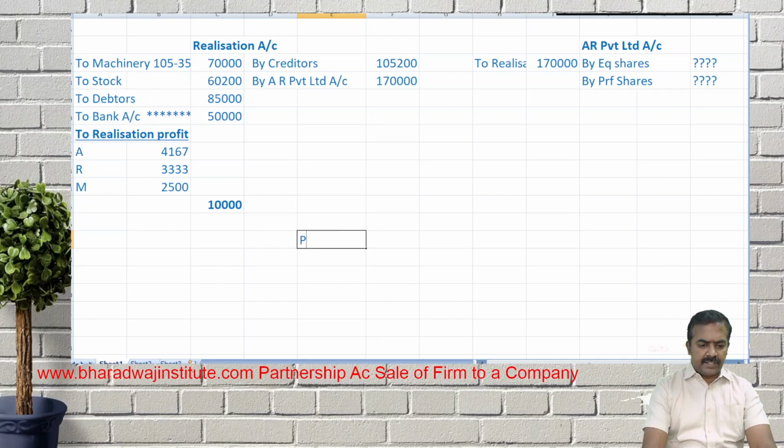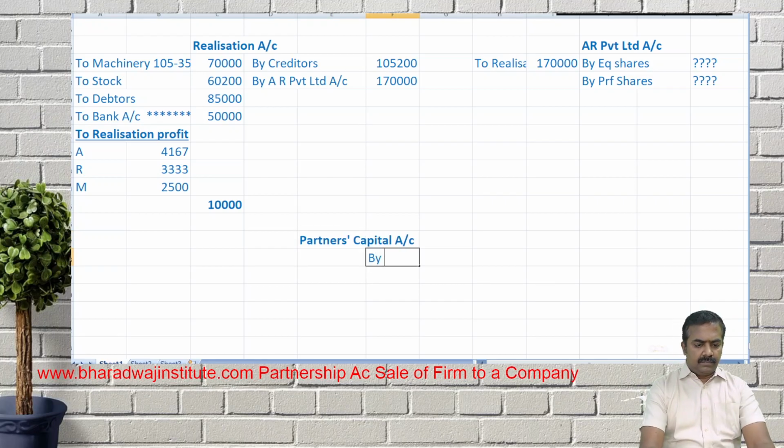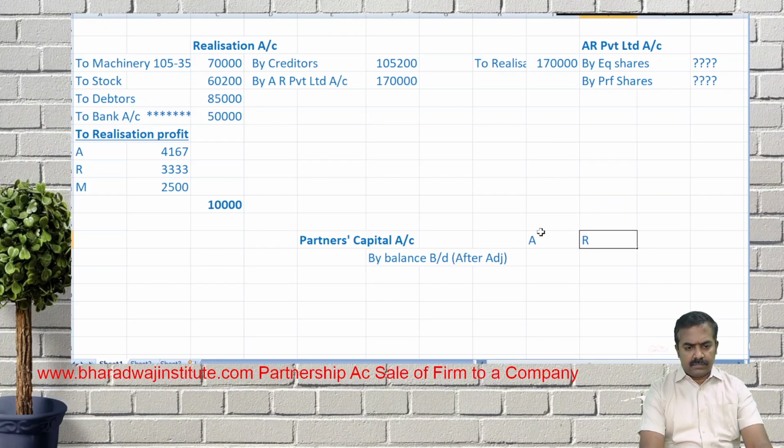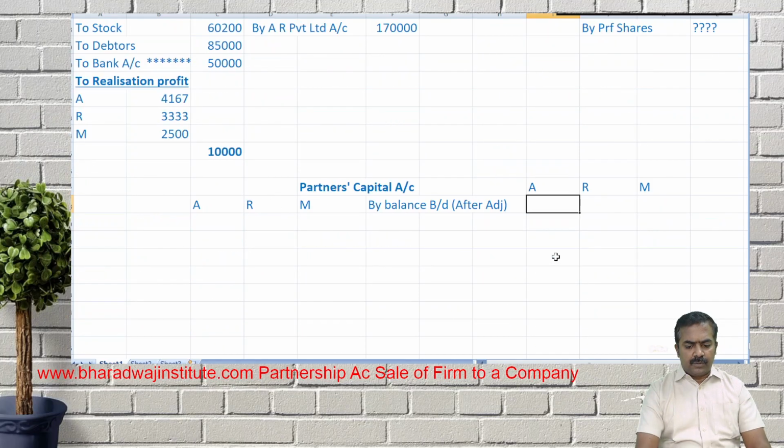Start. Which account next? Partners capital. By balance brought down, that is after adjustment. After adjustment, we put it here. 74,000.